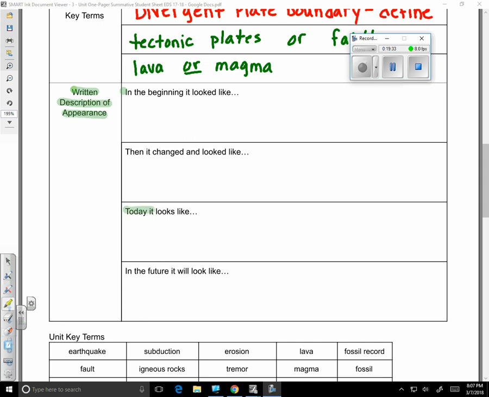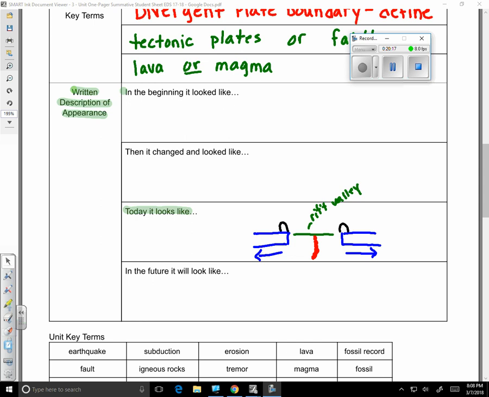Today it looks like, so remember you have 2 divergent plate boundaries. So one plate's going this way, one plate's going this way. You have the mountains still. And this rift valley is even larger now. Okay? Because the plates are still separating and you're having magma come into this hole. As soon as it hits the water, it cools down, and then you have an even larger rift valley because these plates are separating.